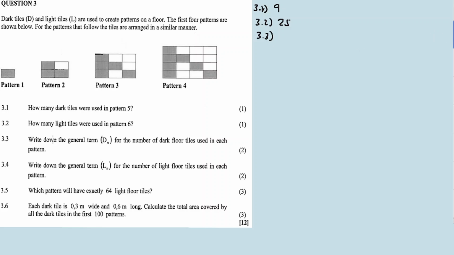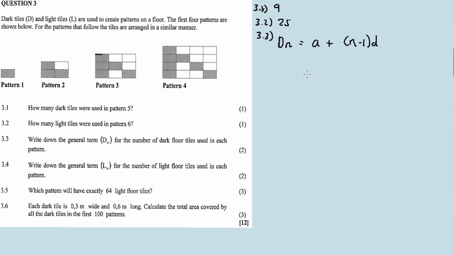3.3 says: write down the general term dn for the number of dark floor tiles used in each pattern. For the dark tiles we have seen that our pattern is a linear pattern, right? So our general term dn is dn equals a plus n minus 1 times d.